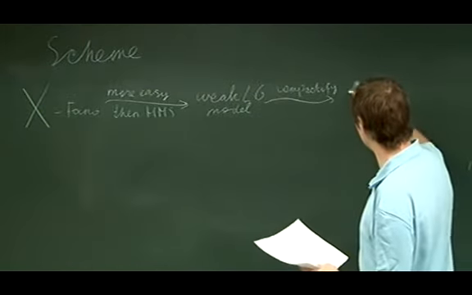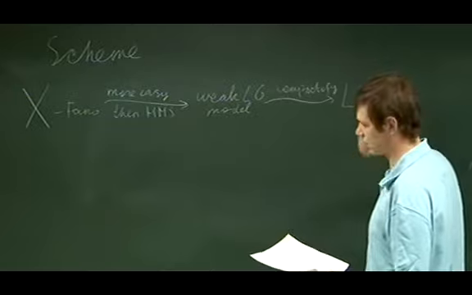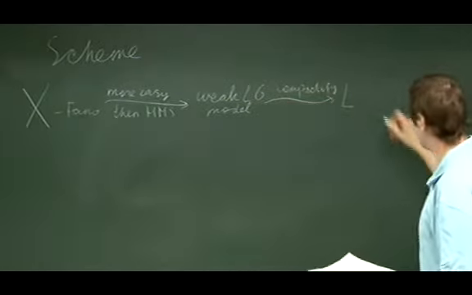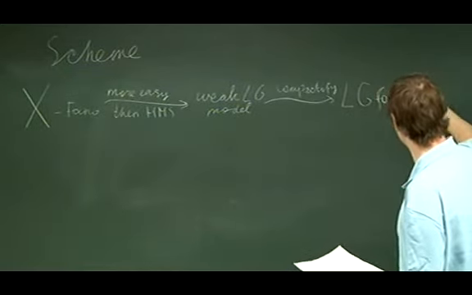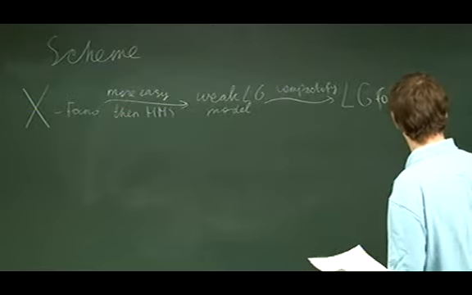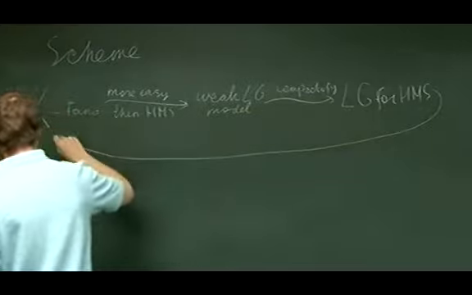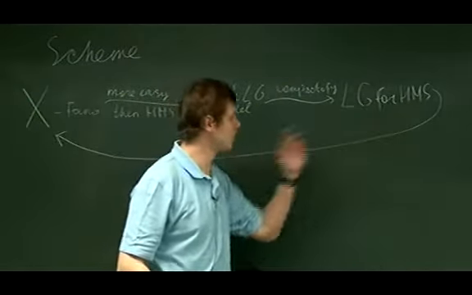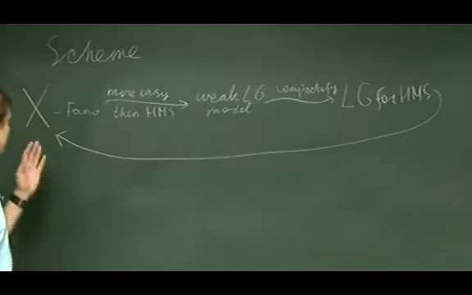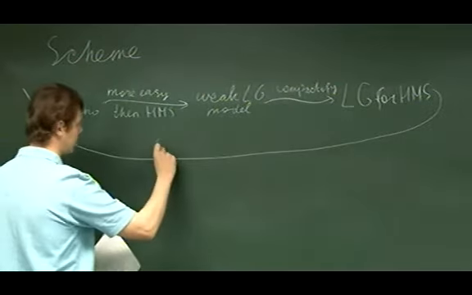But anyway, after compactification, we assume that what we get is a Landau-Ginzburg model for homological mirror symmetry. And then, using homological mirror symmetry, we may extract a lot of geometrical data for X.